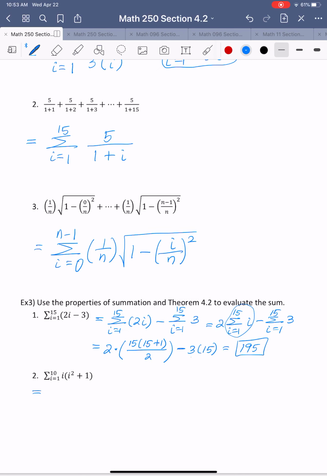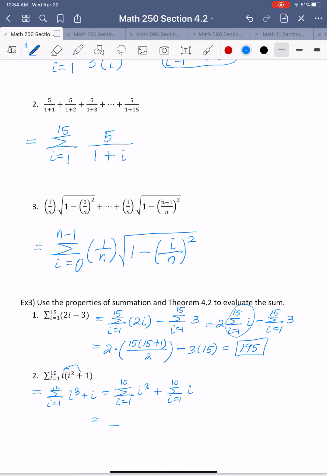So for the second one, I'm actually going to distribute the i to get sigma i equals 1 to 10 of i cubed plus i. And then I can make this sigma i equals 1 to 10 of i cubed plus sigma i equals 1 to 10 of i. And then the formula for i cubed is n squared times n plus 1 squared over 4.